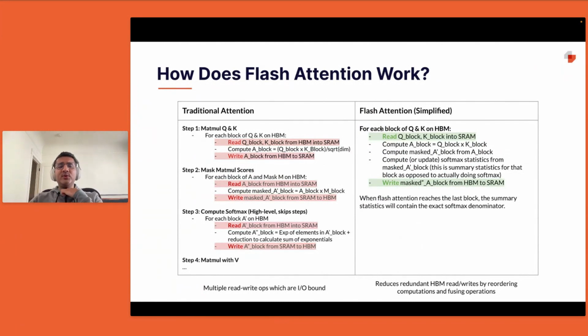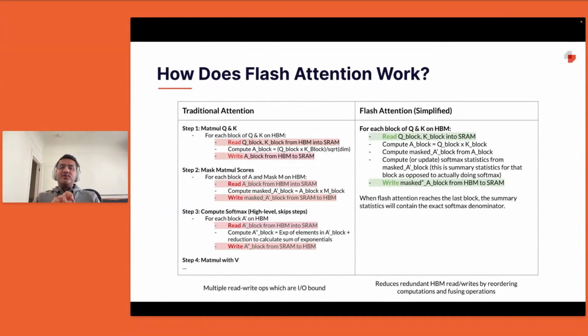And so what they do is they shuffle things up a little bit. I don't know if I have this right, maybe I wrote this wrong, but the idea is that you actually load the K and V blocks into memory, and then you iteratively load blocks from the query tensor, compute attention, compute the matmul and the mask. And instead of computing attention, what they do is very interesting.